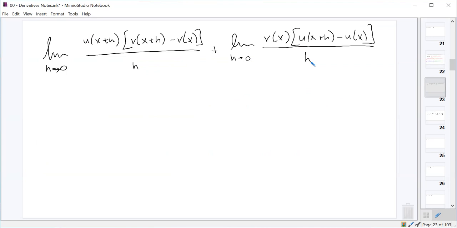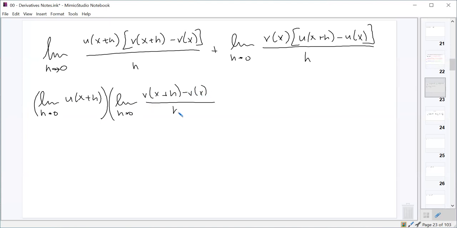And as we do that, we can then break this down into four limits. We can separate this into a limit as h approaches 0 of u of x plus h times a limit as h approaches 0 of v of x plus h minus v of x.